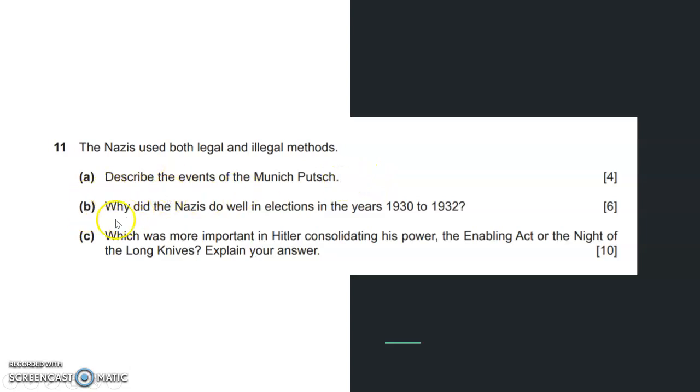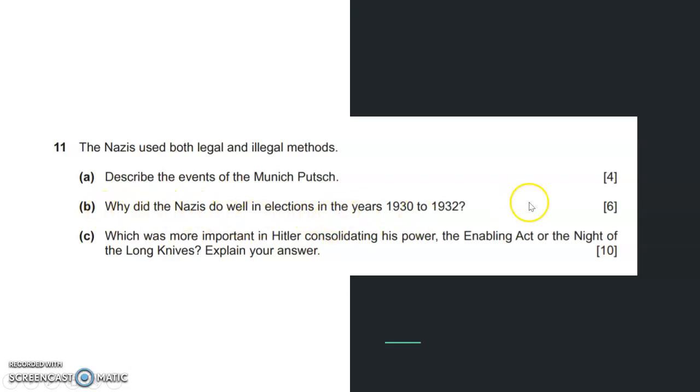Then number 2, why did the Nazis do well in elections in the years 1930 to 1933? For this one, you are referring to the things that they did for the election. Are they legal or illegal? You have to explain and give the reasons why the Nazis were successful in the election.